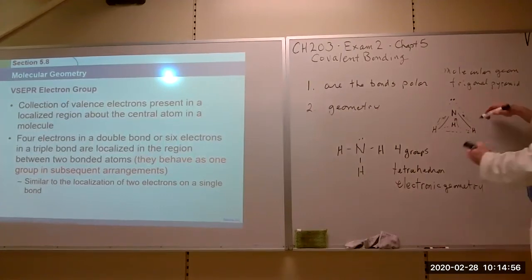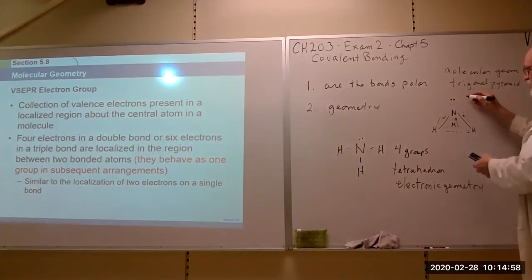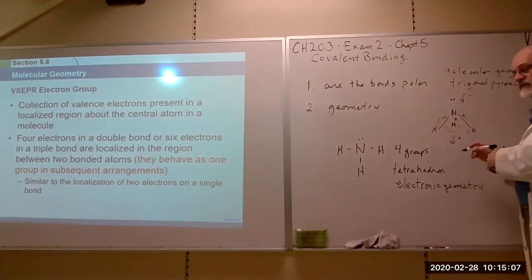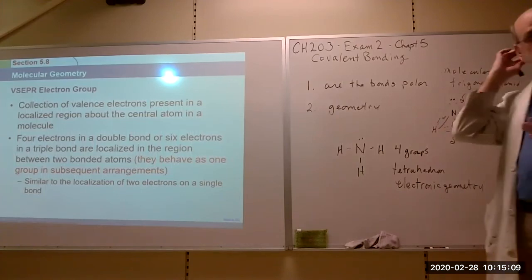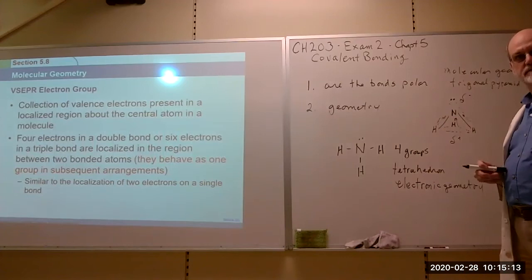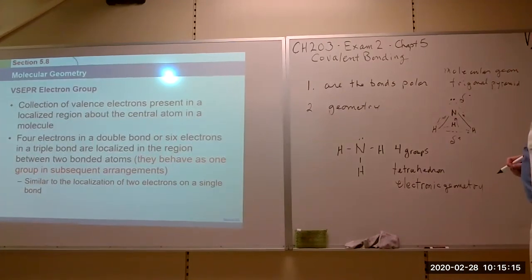So what we have is a distribution of slight electrical charge in that direction, and on this end, a collection of positives. So ammonia is polar. It's a polar molecule due to its geometry, and the polar nature of the bonds with the lone pairs. Okay. Did I lose anybody?